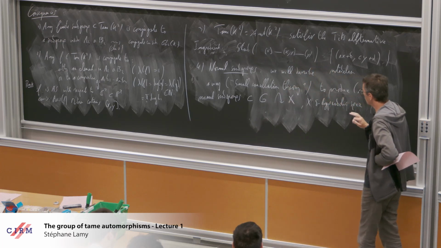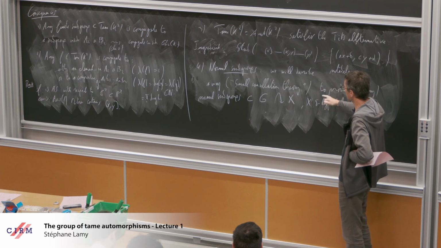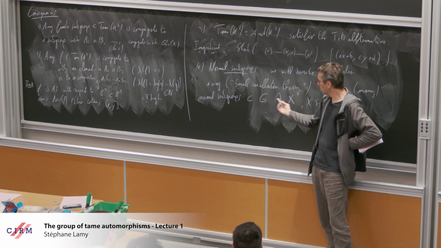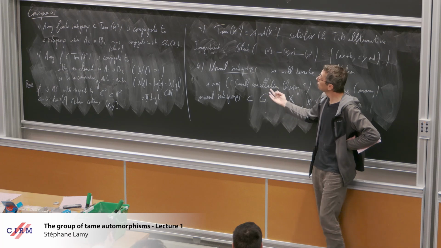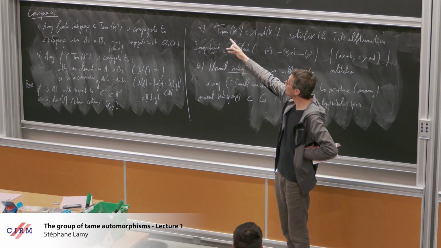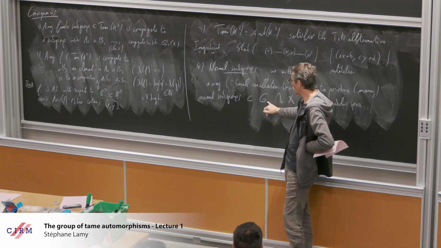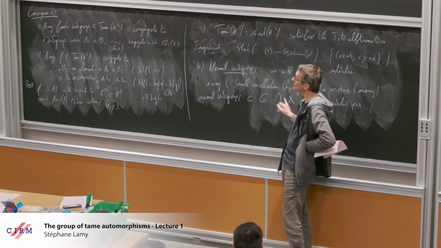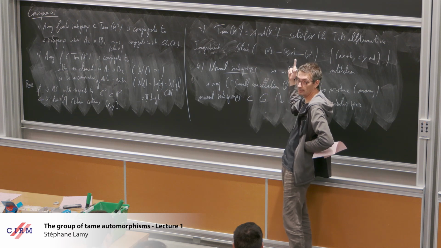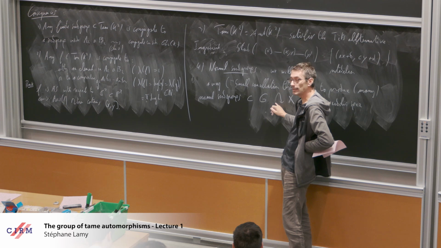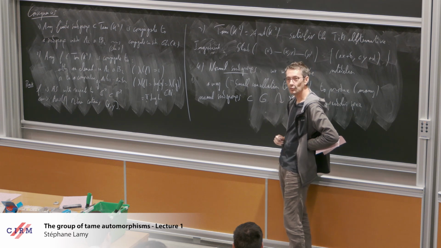The plan is to describe the general statement, explain what we assume on G and on X, then observe that it holds for the action of Aut K2 on the tree, and then try to replace Aut K2 by Tame K3 and replace X, the tree, by the simplicial complex, or the triangular complex, and to try to make it work again. So that's the plan for this afternoon. Okay, thank you.